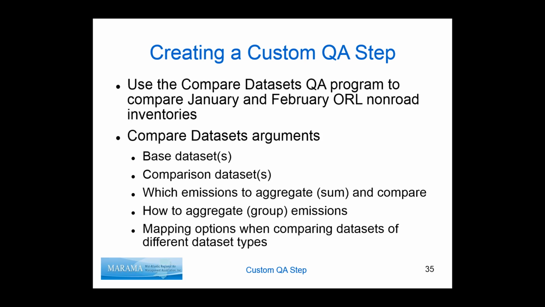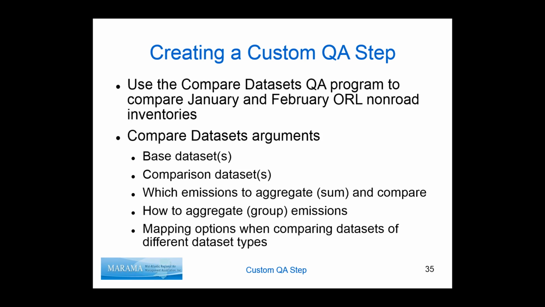We'll be able to specify how we want to sum up the emissions. In this case, I think it's by SCC, we'll get there in a second. We sum up the emissions, and then we can compare them between the two data sets.